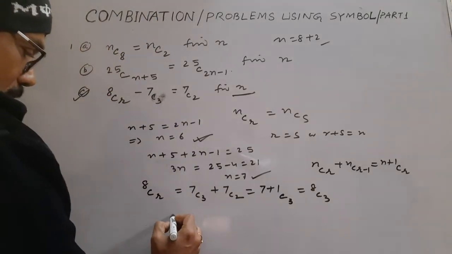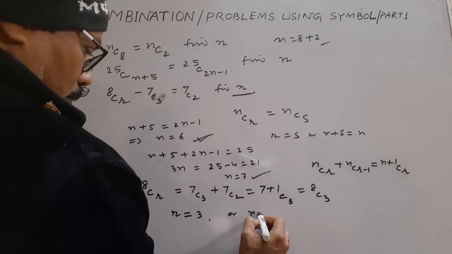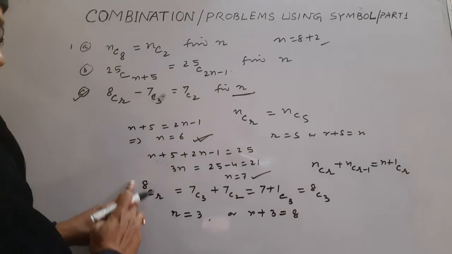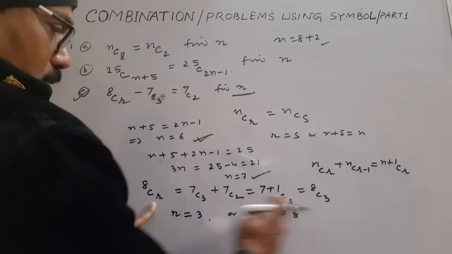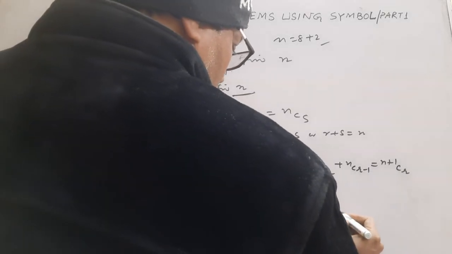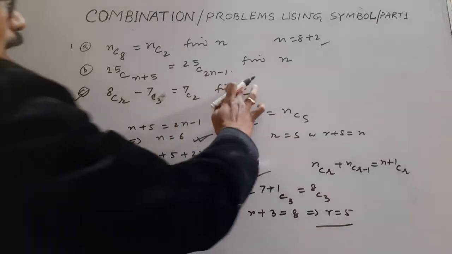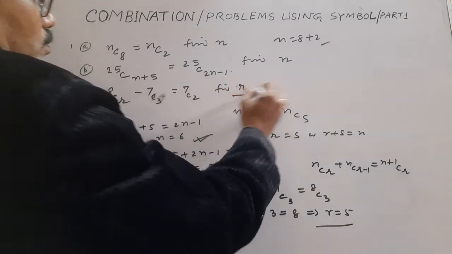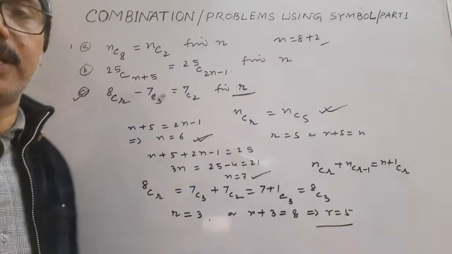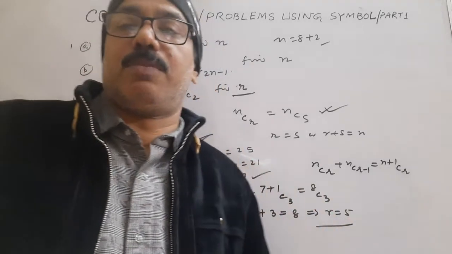So what is r? r equals 3, or r plus 3 equals 8. 8Cr equals 8C3, so r equals 3, or r plus 3 equals 8, so r equals 5. So find r, not n. So using nCr equals nCs, these are very simple problems.